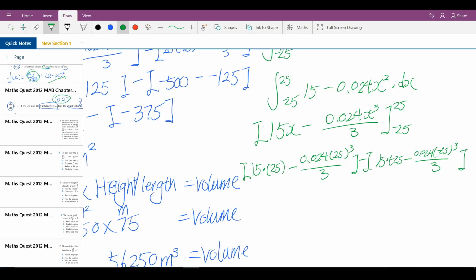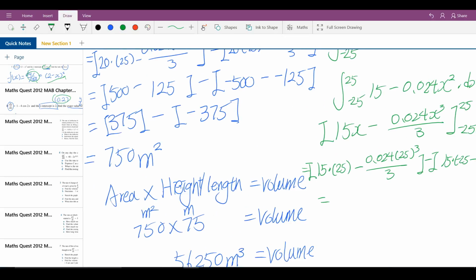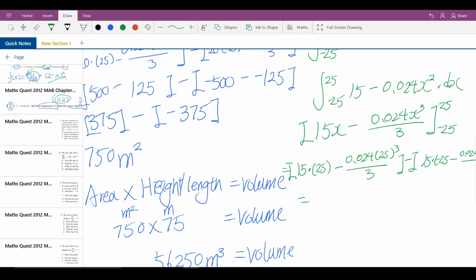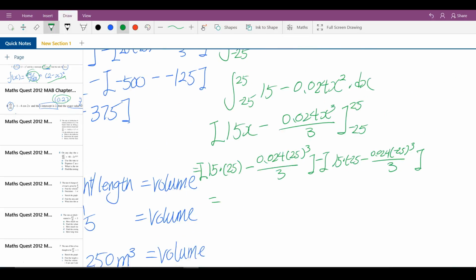Now from the previous question, we know that this is just equal to positive 125 and negative 125 here. So let's put it down. By positive, I mean the 125 itself is positive, but the negative sign comes from the equation. And the same thing here, so there will be negative 125.